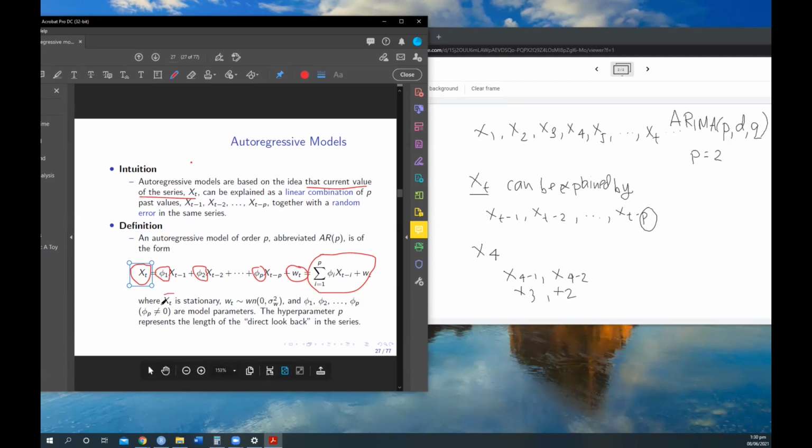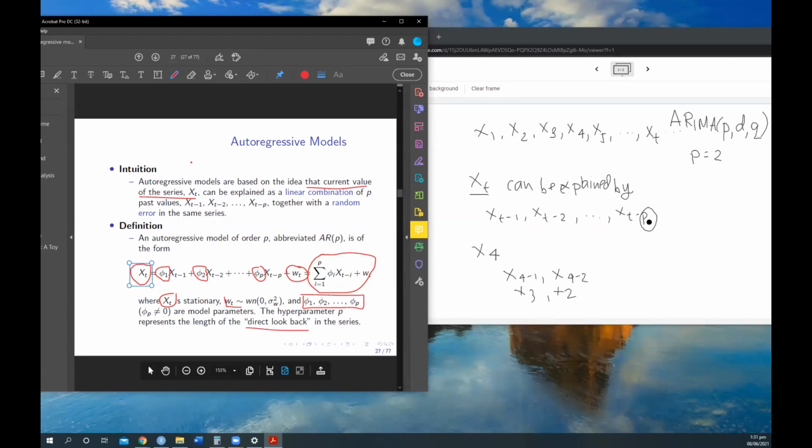Now, if xt is stationary, wt is, the mean is 0 and the variance is constant. And the coefficients are the model parameters. Okay? The hyperparameter P represents the length of the direct look back.